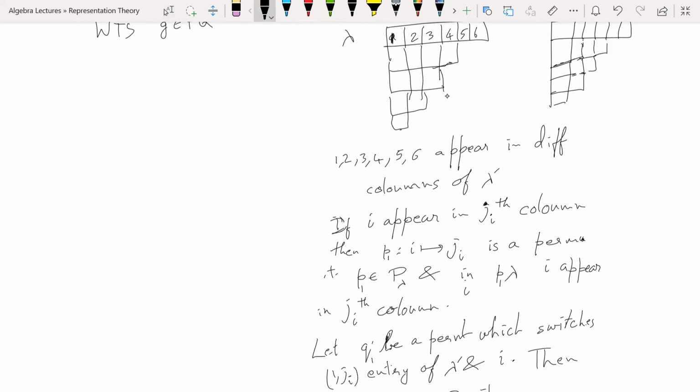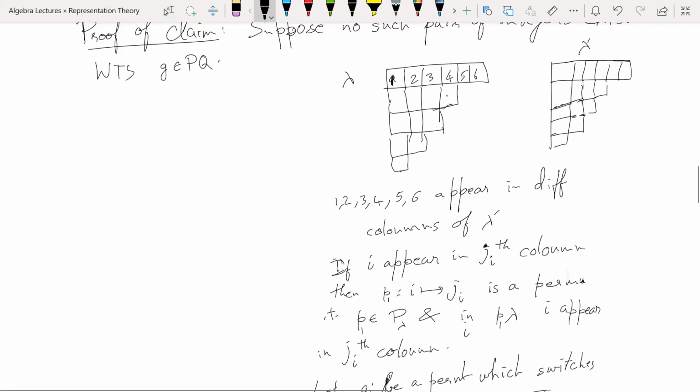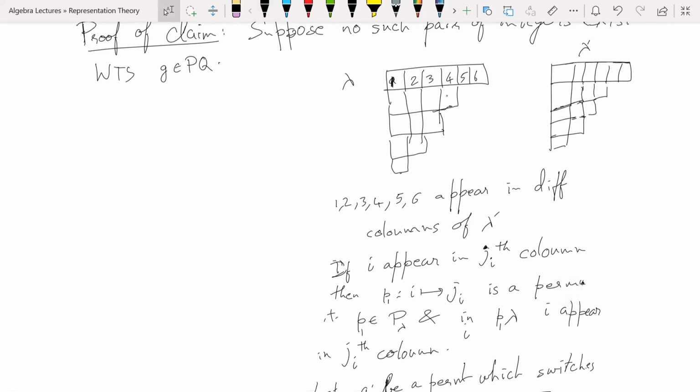So I've made sure that I have permuted this such that these 1, 2, 3, 4, 5, 6 appear in the j_i-th column of P1 lambda. And in lambda prime also they appear in the j_i-th column, but not necessarily in the first row. Yeah, some other row.